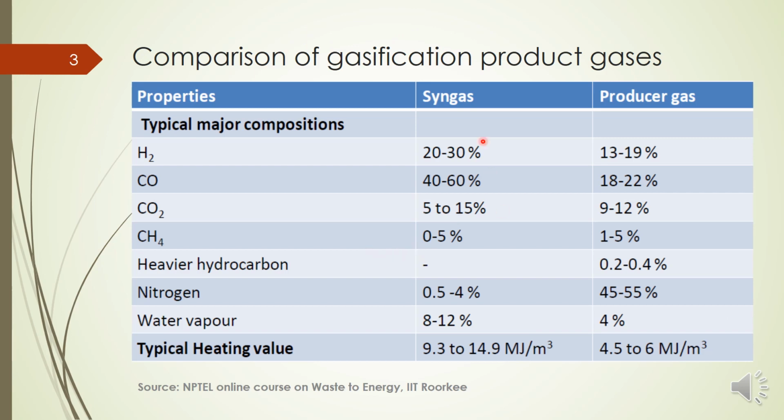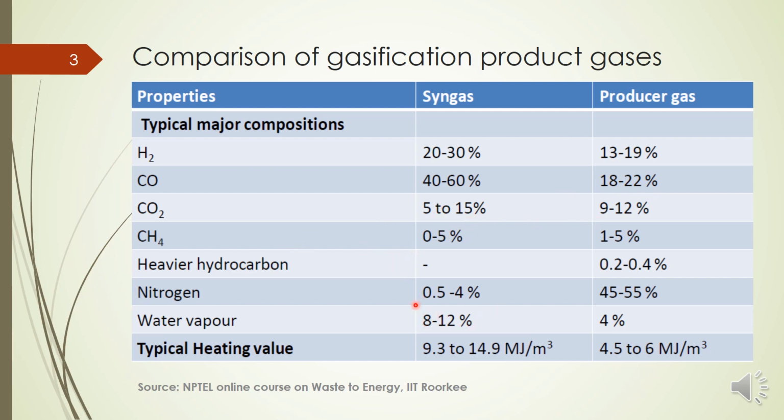And this is a typical comparison of syngas and producer gas. So here you can see syngas has hydrogen 20 to 30%, but producer gas will have less hydrogen content. CO here we have 40 to 60% in syngas, but here it is very less. And similarly CO2 also.